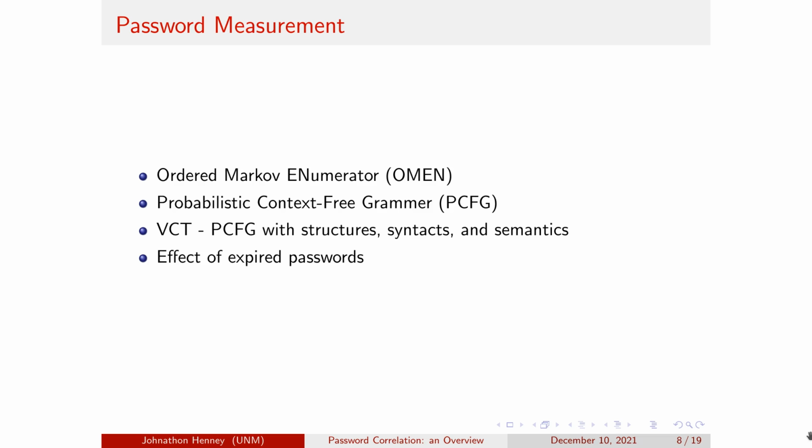And then the authors talked about something called VCT, which they didn't give an acronym for, but it took the PCFG from above and added structure, syntax, and semantics on top of this, where this is building how are words and how are other parts of the password working together to form something that the user might remember, and how can you crack that.